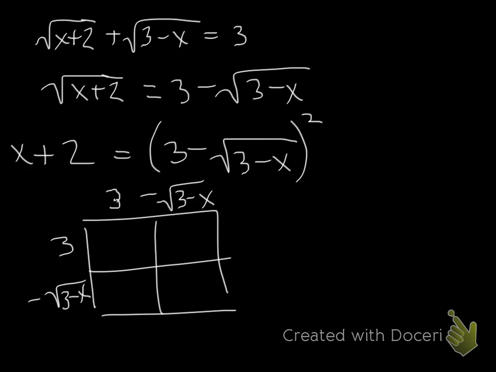And when you go to FOIL this, 3 by 3 is 9. That's the first term. The last term, the two radicals will cancel, the two negatives will cancel, and you're left with just 3 minus x. Now the two middle terms in the expansion will be negative 3 times 3 minus x.